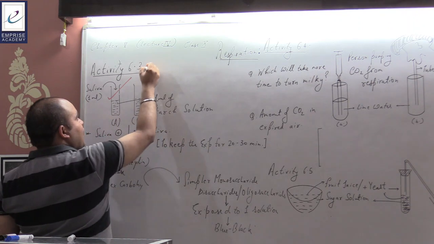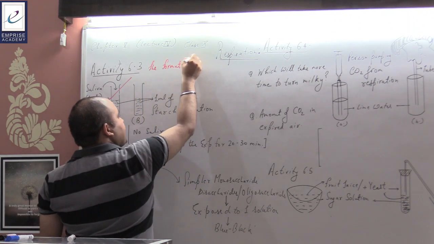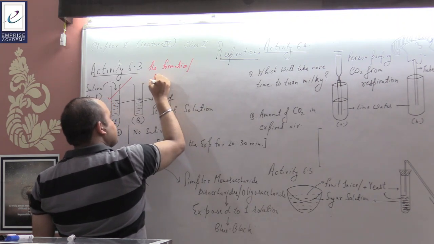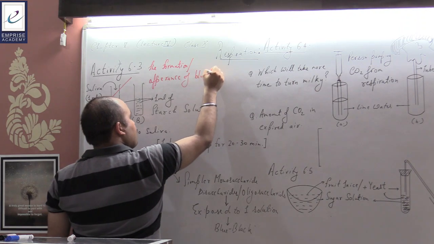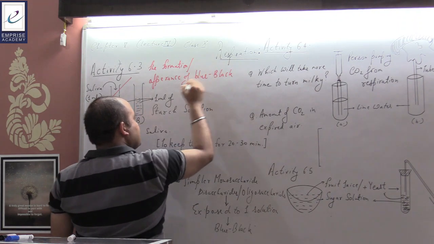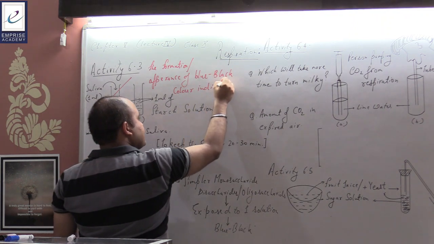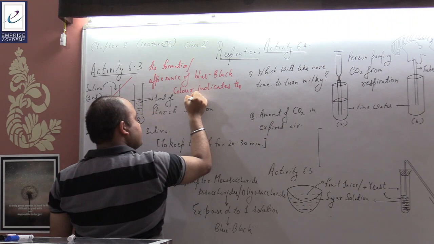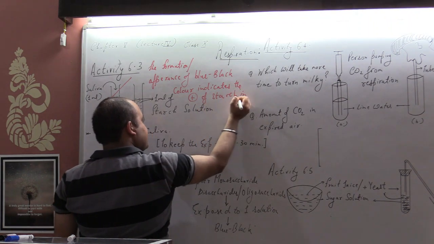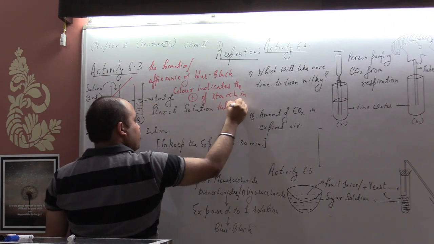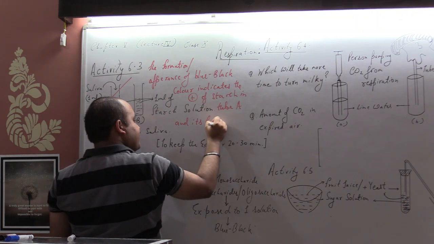The formation or appearance of blue-black color indicates the presence of starch in tube 1, in tube A, and its hydrolysis.